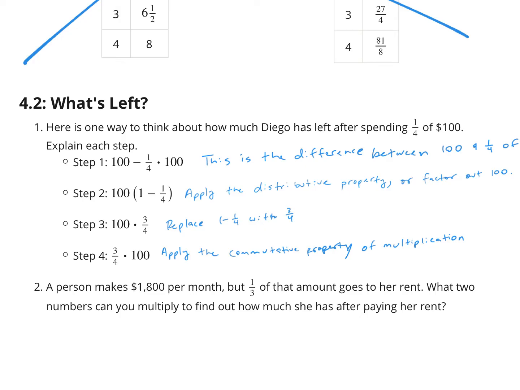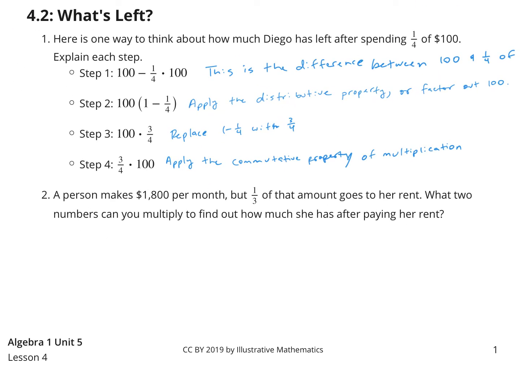So using an idea of figuring out how much is left, for question 2, it says a person makes $1,800 per month, but a third of that amount goes to her rent. What 2 numbers can you multiply to figure out how much she has after paying her rent? So essentially we're asking how much does she have left?